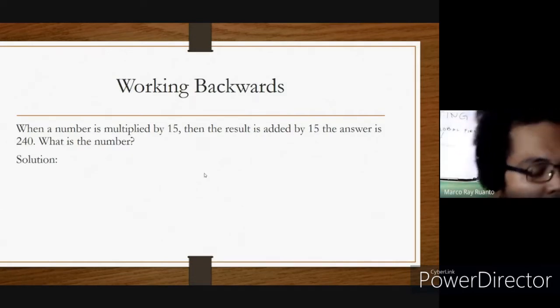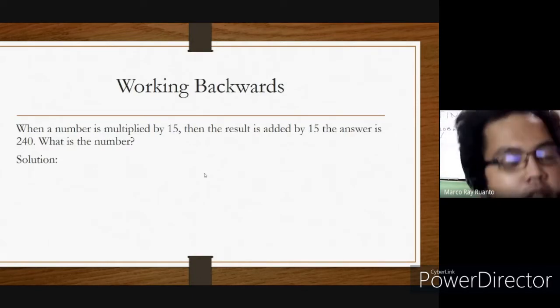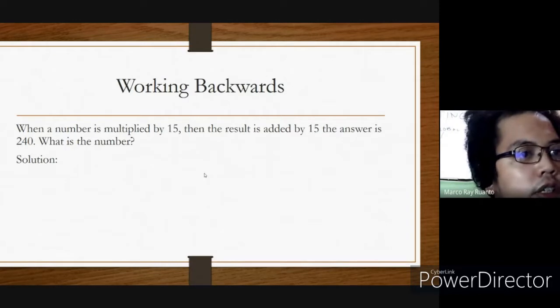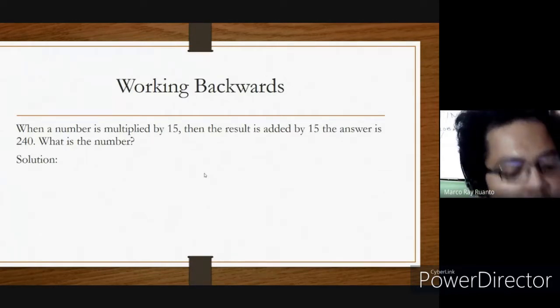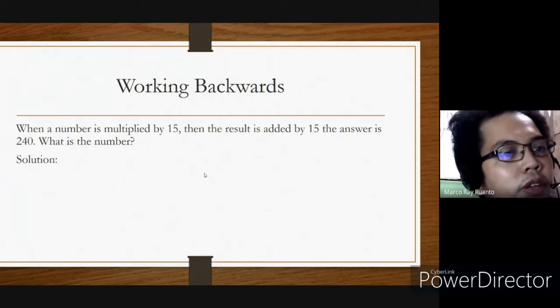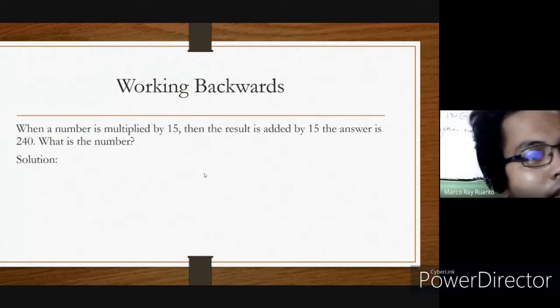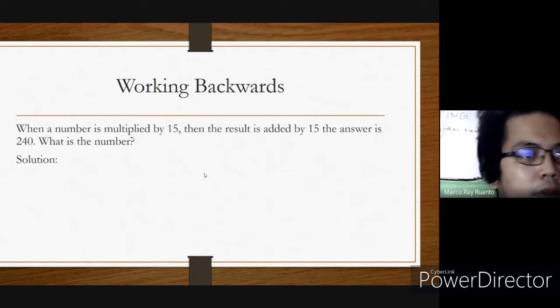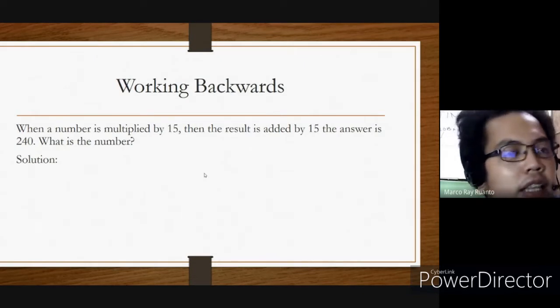From there, we will just draw the path that would connect the starting point to the finish line. So that's working backwards. We start at the end point.